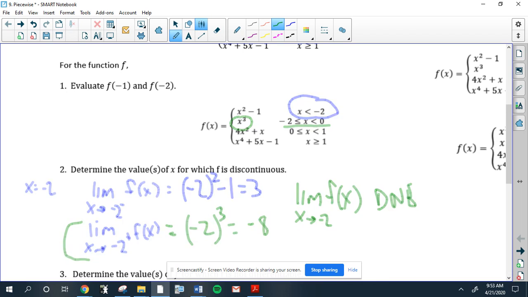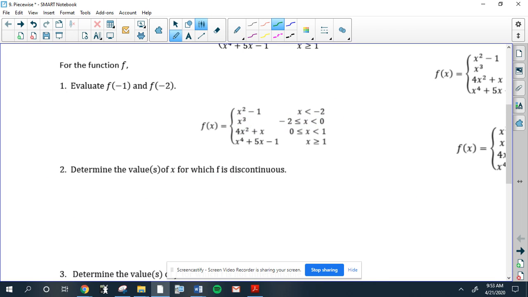So you would go now back and check 0 and 1 as well. I'm going to do 1 just because it's going to come up with a different result. So at x equals 1, do the same thing. The limit as x approaches 1 from the left, compare that to the limit as x approaches 1 from the right.